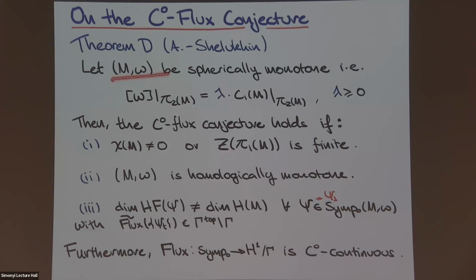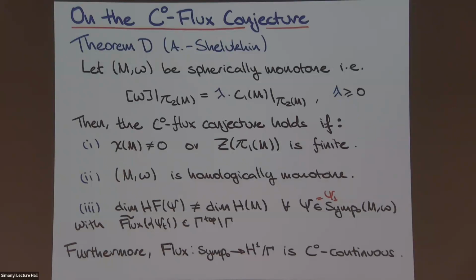So if we suppose that the symplectic manifold is spherically monotone, so here we're asking for proportionality between the homology class of the symplectic form and the first Chern class associated to a symplectic manifold on spheres, and we're allowing the proportionality constant to be 0 here, so aspherical in some sense.